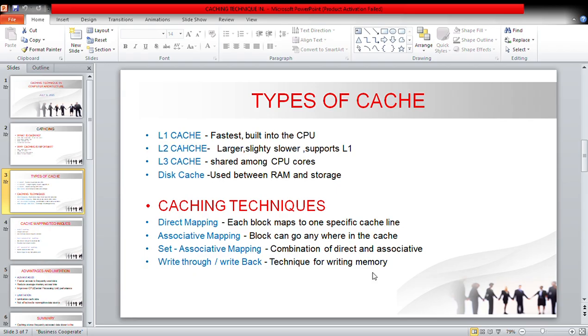This ensures data consistency but can be slower due to main memory write overhead. When we say write-back or write-behind, data is initially written only to the cache. It is written to main memory later, typically when the cache block is evicted or when the system explicitly flushes the cache. This is faster for writes but requires a more complex cache coherence mechanism to ensure data consistency, especially in multi-processor systems.